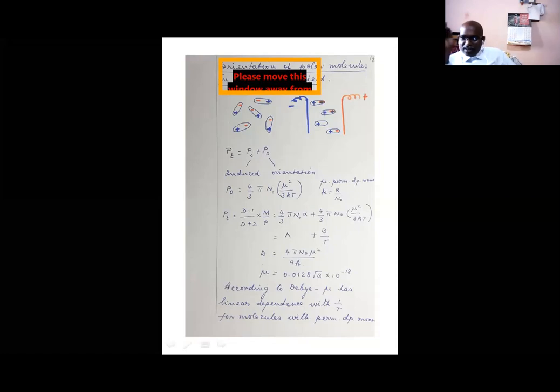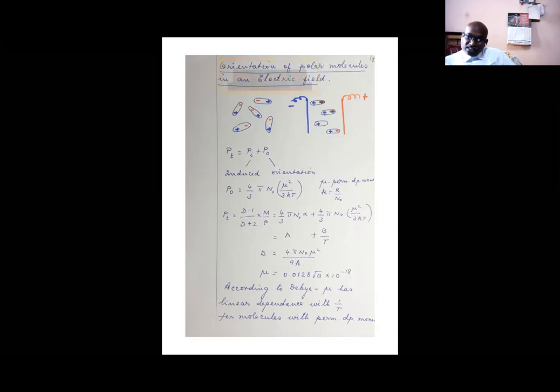I have already told you that for molecules without a permanent dipole moment, the polarization is temperature independent. The polarization does not change with the temperature. But according to Debye's explanation, it has a linear dependence with 1 by T for molecules with the permanent dipole moment.